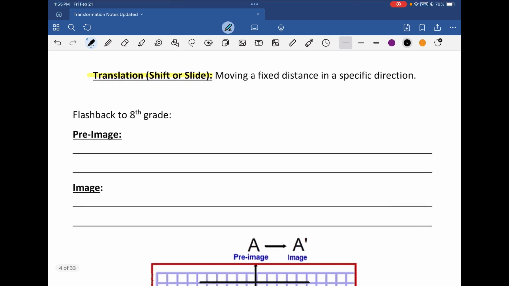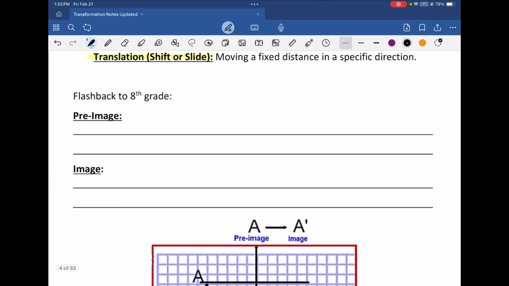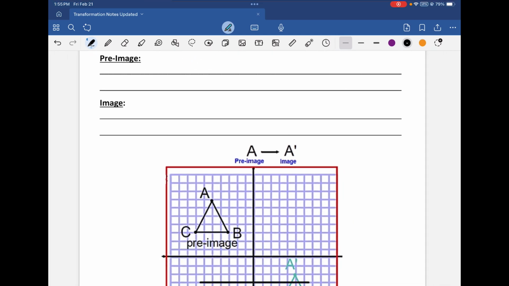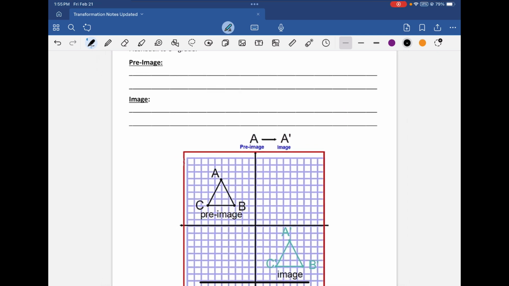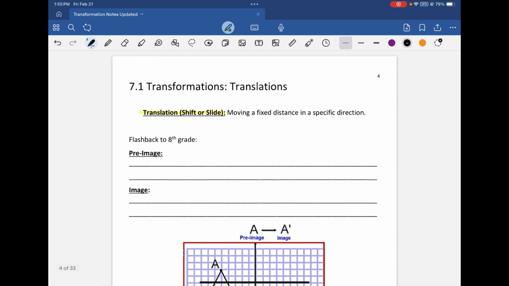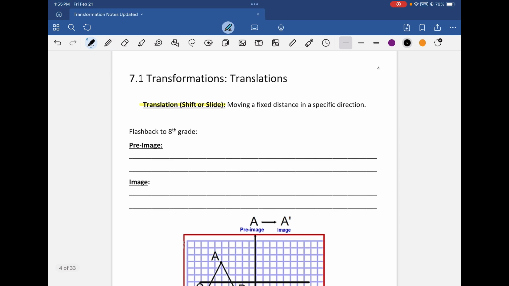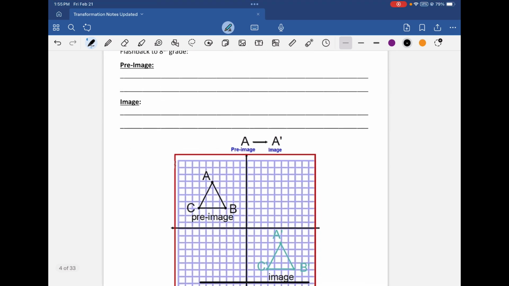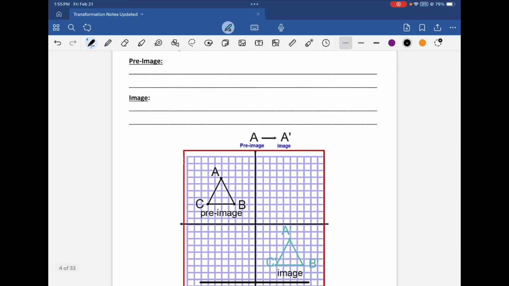Let's remember what a pre-image is and an image. I'm going to zoom this out so that we can see the picture and write the definition down. Everyone should be on page 4 in our notes, and we're writing all this down. A pre-image is the original figure before the transformation.